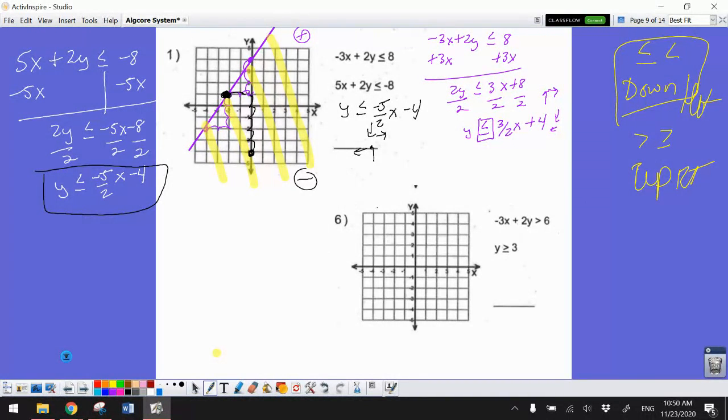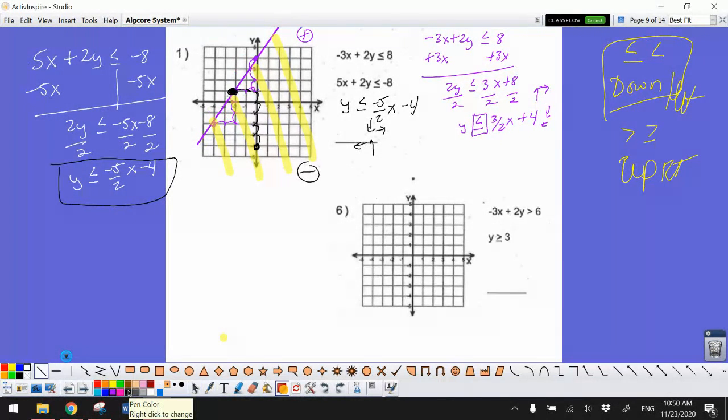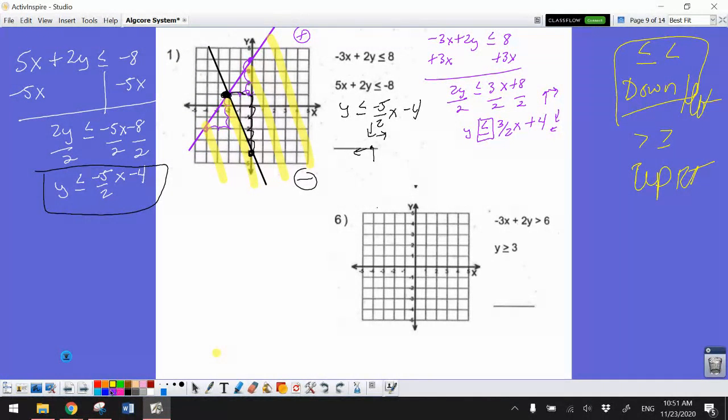And again, it is a solid line because it is an equal to. So I have a line coming through these points. And my graph is saying that it is a less than or equal to. So that means I'm shading down again. So shading down means I'm shading this direction.